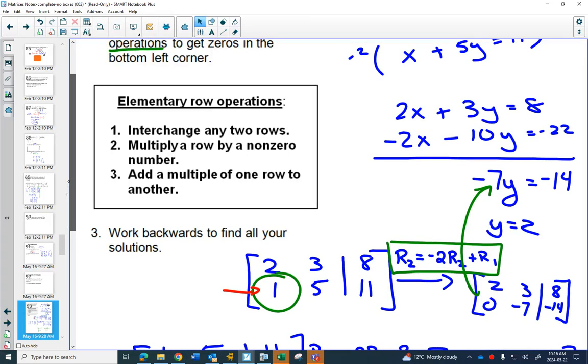But that's the idea. Once you get it into row echelon form with a 0 in the bottom corner, now you could substitute it back into equations and solve easily. So let's do a couple together.